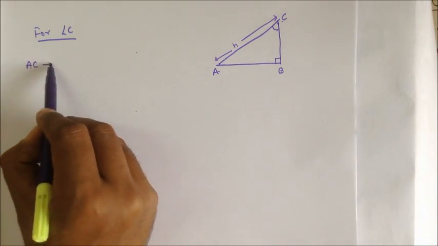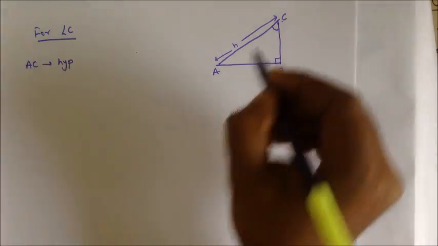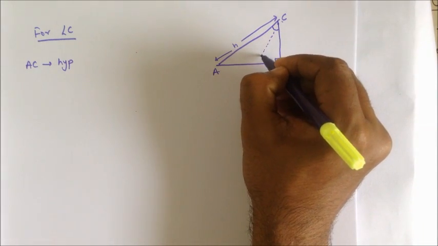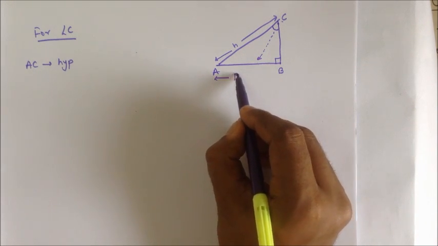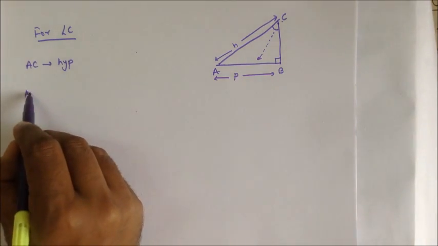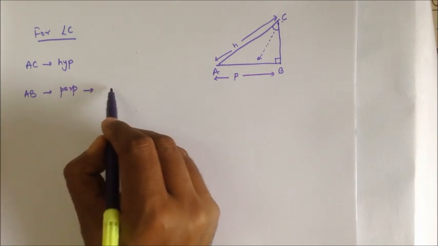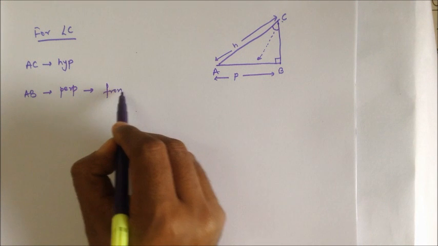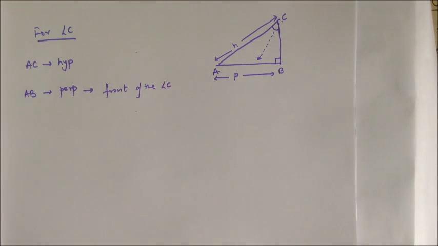Therefore AC remains the hypotenuse. However, as we have seen earlier, the perpendicular is the side in front of the angle. So for angle C, AB is in front of it, hence AB becomes the perpendicular. Therefore AB becomes the perpendicular since it is directly in front of the angle C.